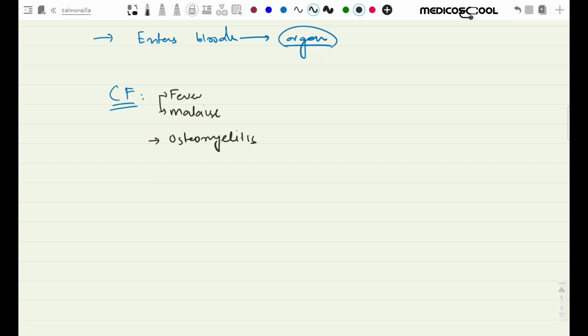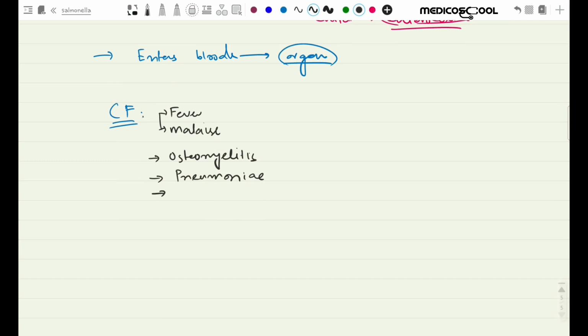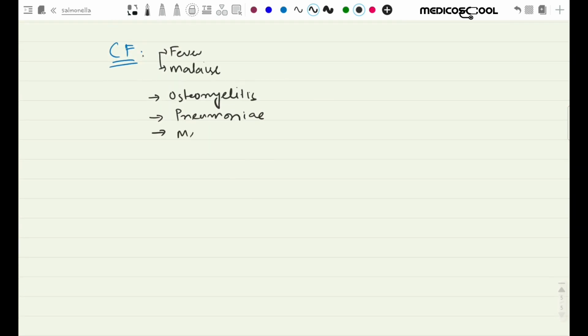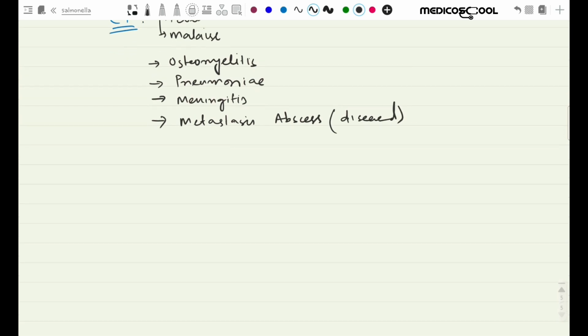and it is mostly in sickle cell. There will be pneumonia if it attacks the lung. There will be meningitis. There will be metastatic abscesses, and these are much more common in organs which are already diseased, like infarcts and aneurysms. And there can also be vascular graft infections.